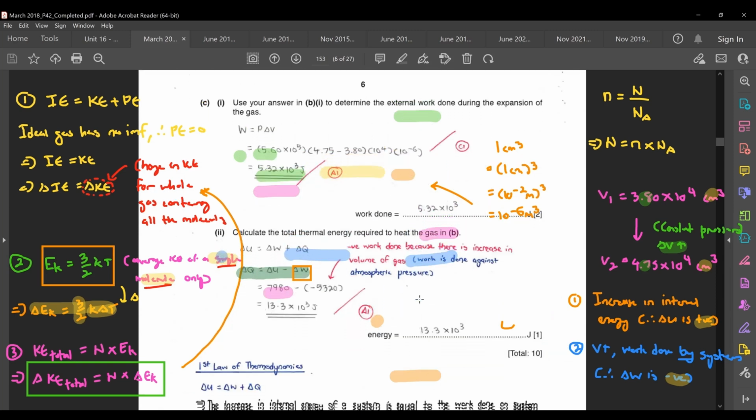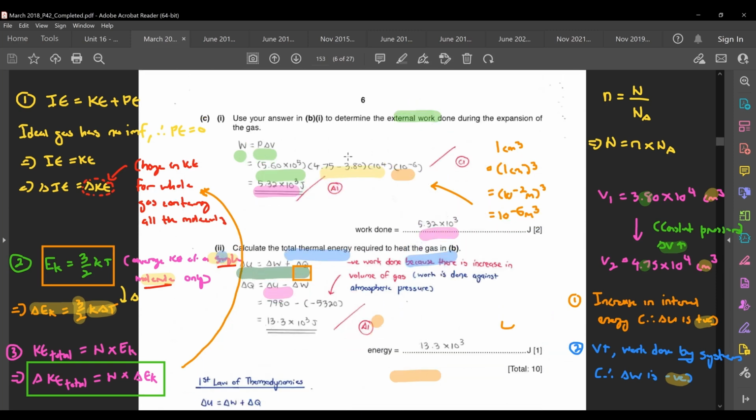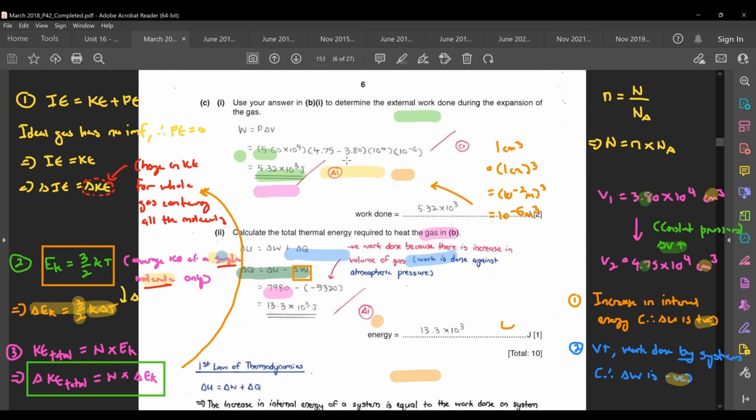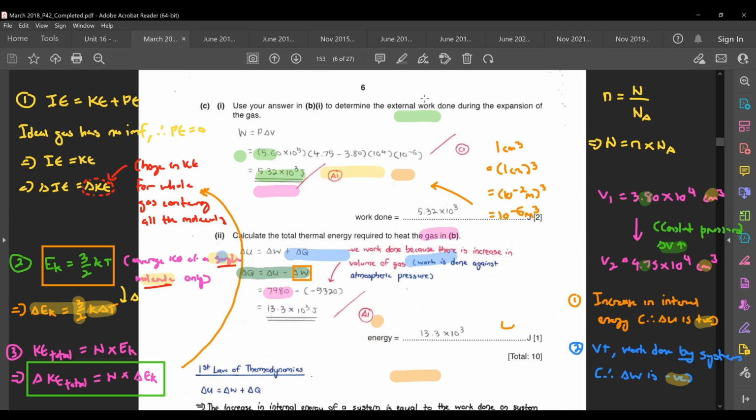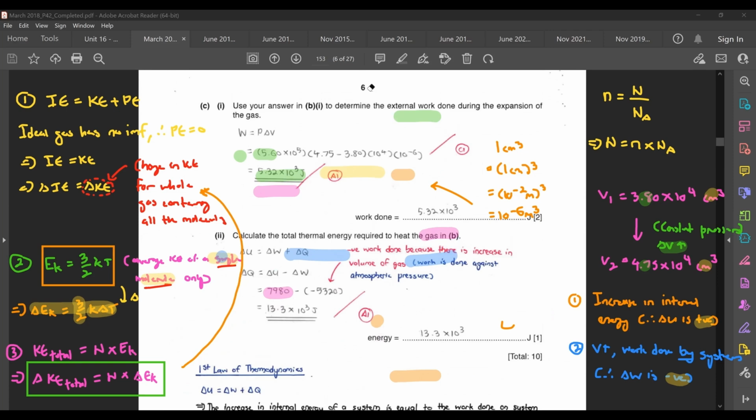Okay. But when it comes to your work done, this one you need to be careful a bit because your work done is negative here. You already found out the magnitude as 5.32 times 10 power 3. Okay.